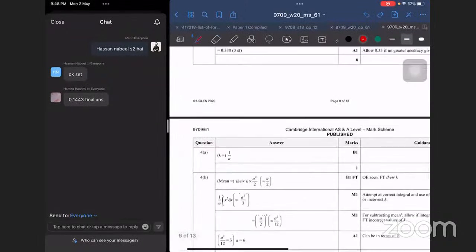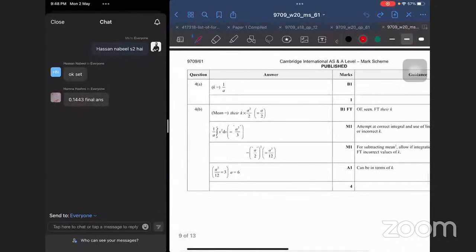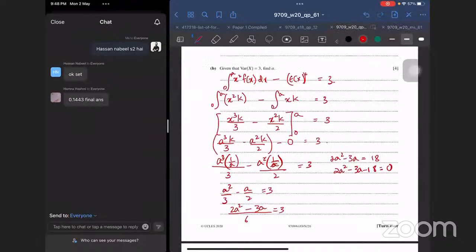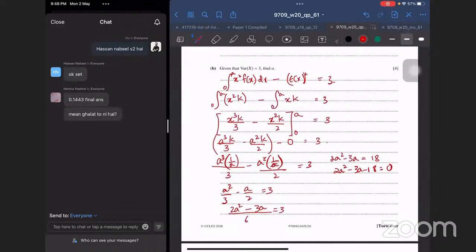Let me check. We've done something wrong. My bad. This was supposed to be squared.